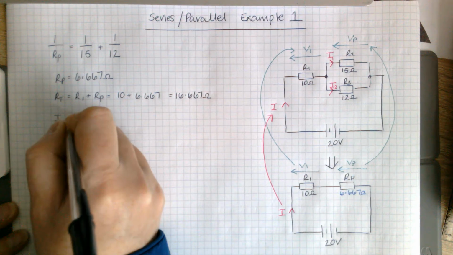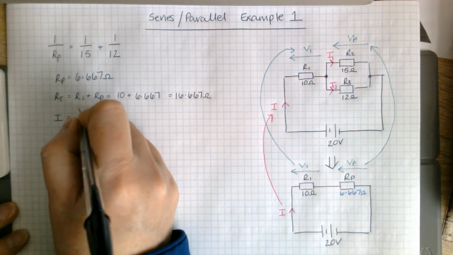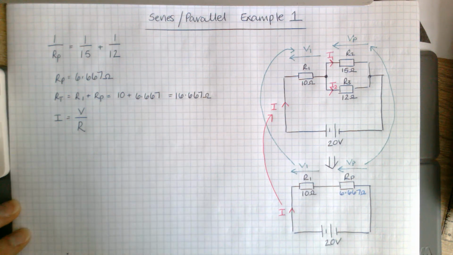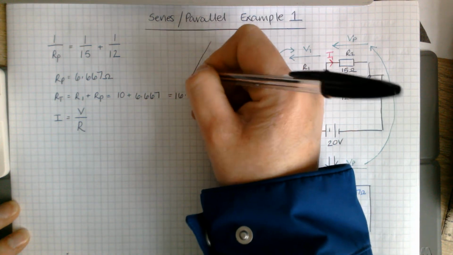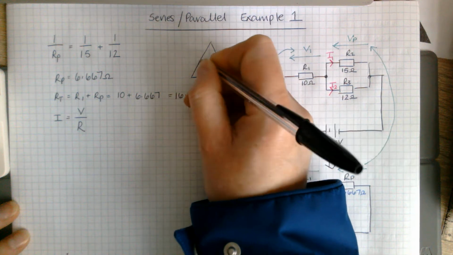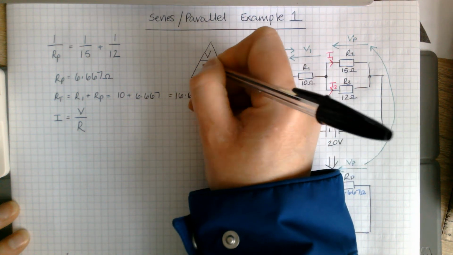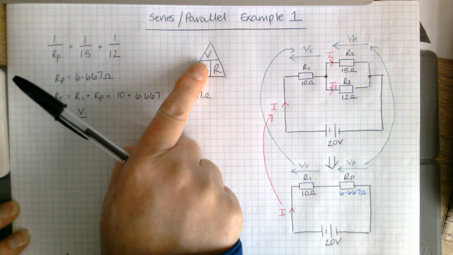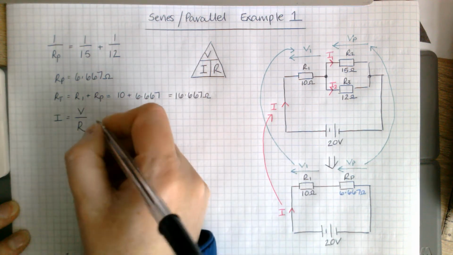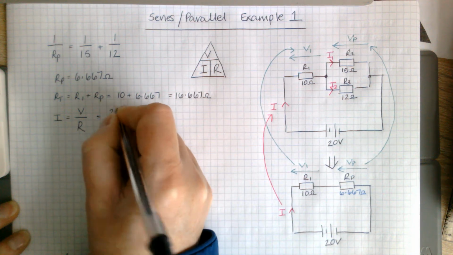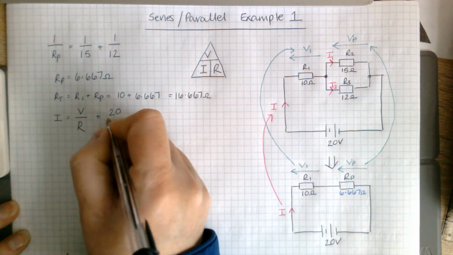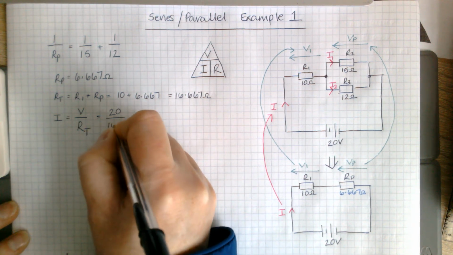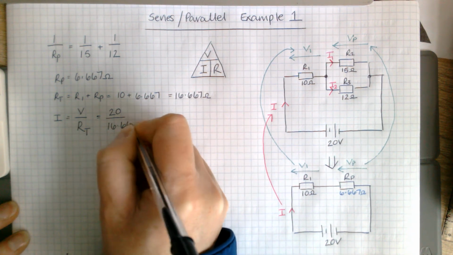Then to get I, I equals V over R, if you remember your triangle. I'll pop the triangle in here as well. If you're looking for I, you cover over I and it's V divided by R. V is the supply voltage, and R is your total resistance, 16.667.